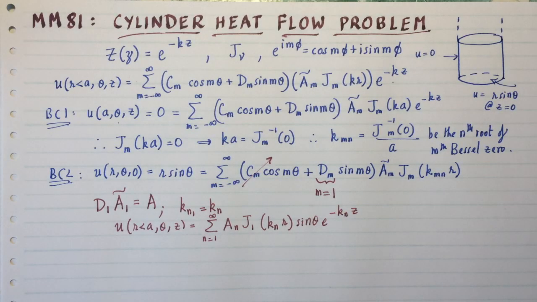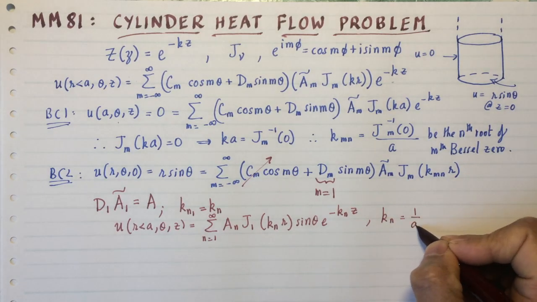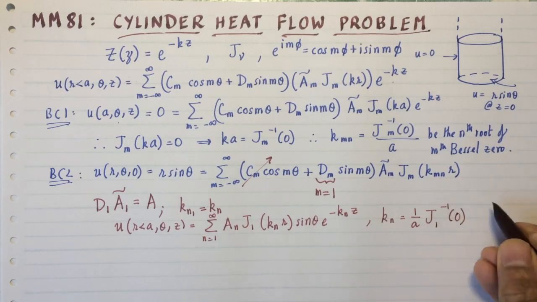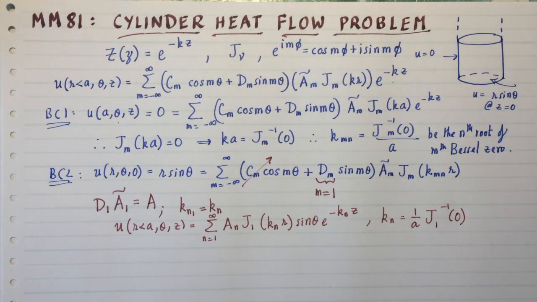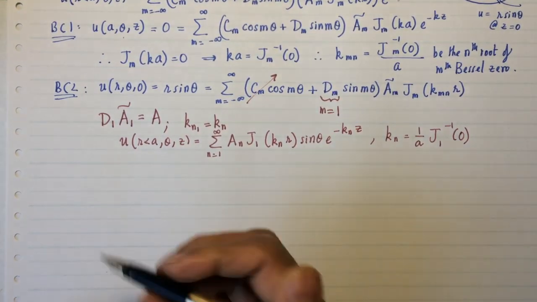So now all we have to do is determine this coefficient a_n, and we are done. Now let me also write what k_n is. k_n is equal to 1 over a times J_1 inverse of 0. And you can look this up in various reference books where the values of the Bessel functions are listed. Now there is a property that we need known as the Sturm-Liouville Bessel theorem.